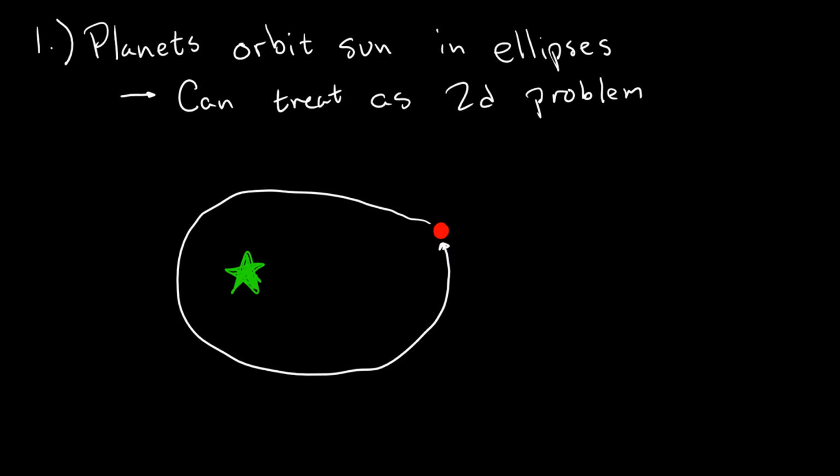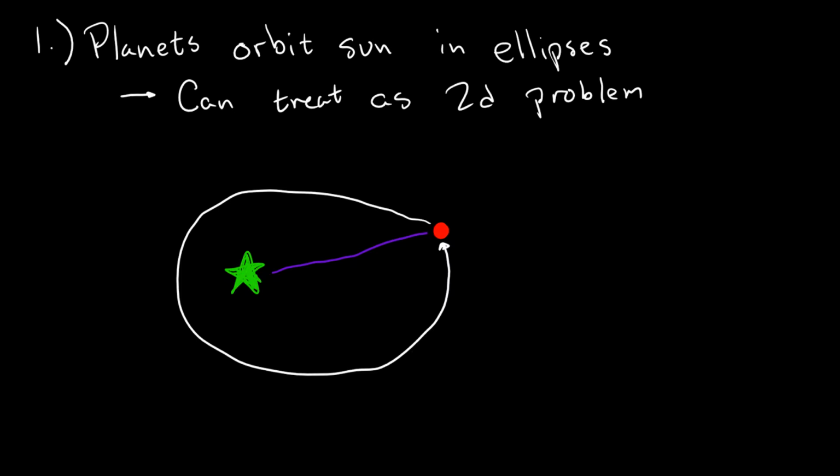So what Kepler's second law says is that, okay, say I draw a line, we'll make it purple. I'll make this a straight line. I'm going to draw a line between the sun and the planet.